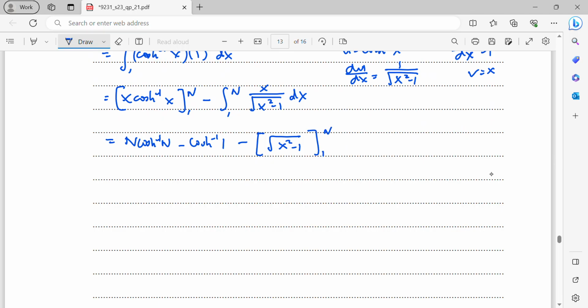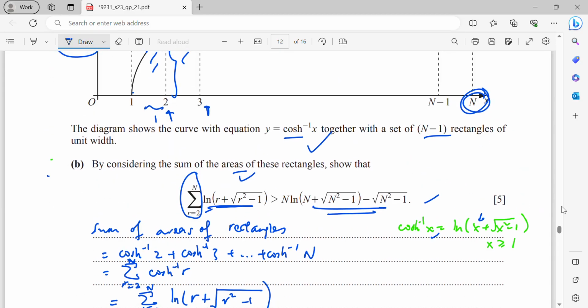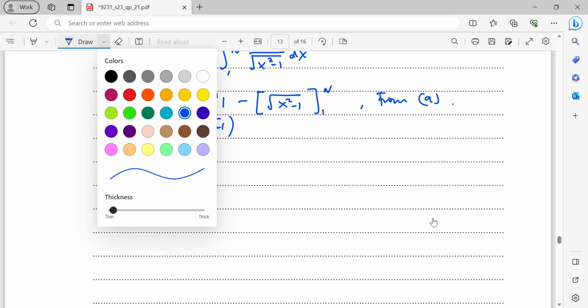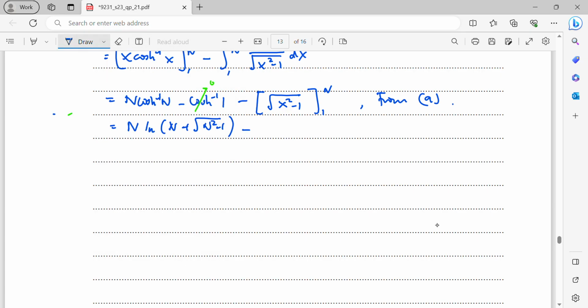Then from 1 to n. So I will get n, inverse cosh n just now. Remember, I have this ln. So now I replace x by n, and you will get ln of n plus square root of n squared minus 1. Then the inverse cosh 1 is basically 0. Then I will get minus square root of n squared minus 1, then another minus, 1 minus 1 is 0.